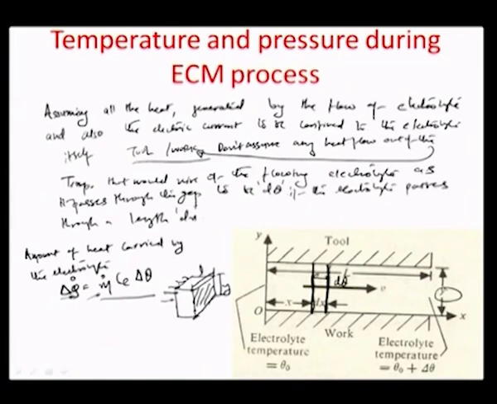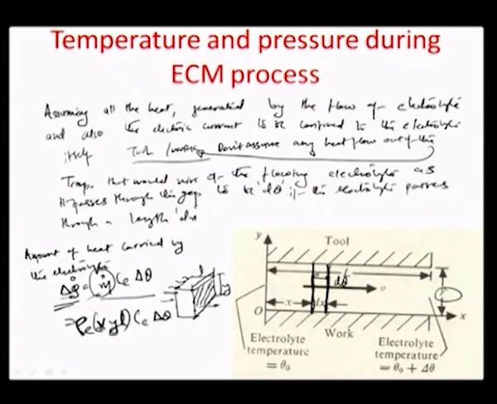So, we can easily say what m dot would be by looking at the density and the velocity with which it is flowing times y L, as y L is the cross sectional area, V is the velocity of flow in this direction, meaning thereby velocity times area is the volume flow rate times the density of the electrolyte rho e, makes it mass flow rate times C delta theta.